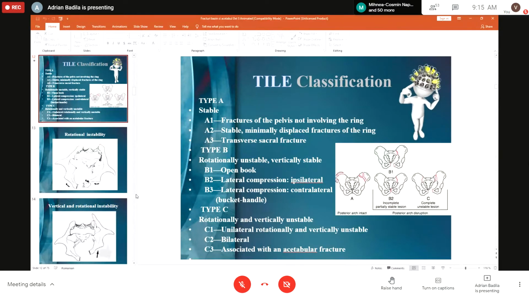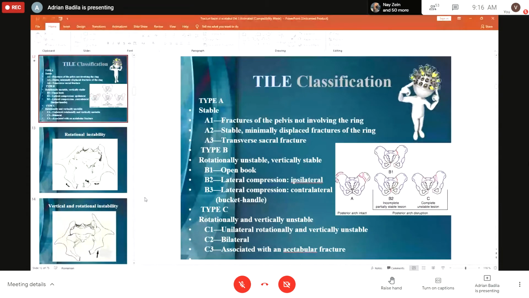That means that, let's say, on the right side we have a fracture of the pelvic ring in the back, and on the left side we have a fracture of the pelvic ring in the front. That means that we have a contralateral fracture, like a bucket handle.